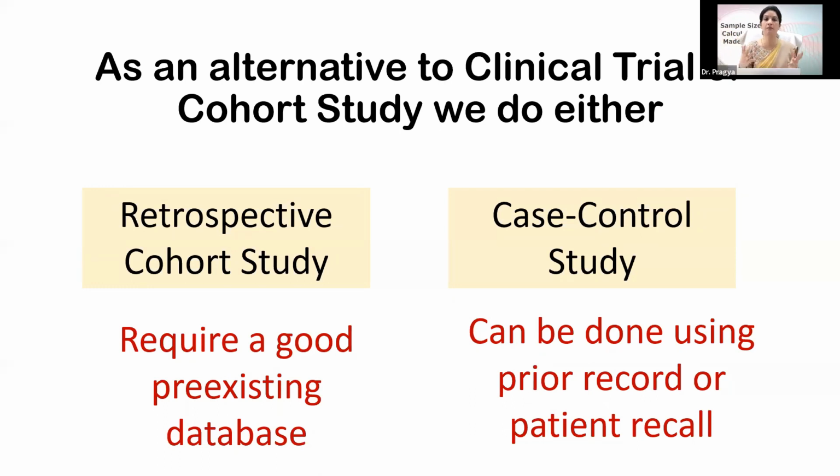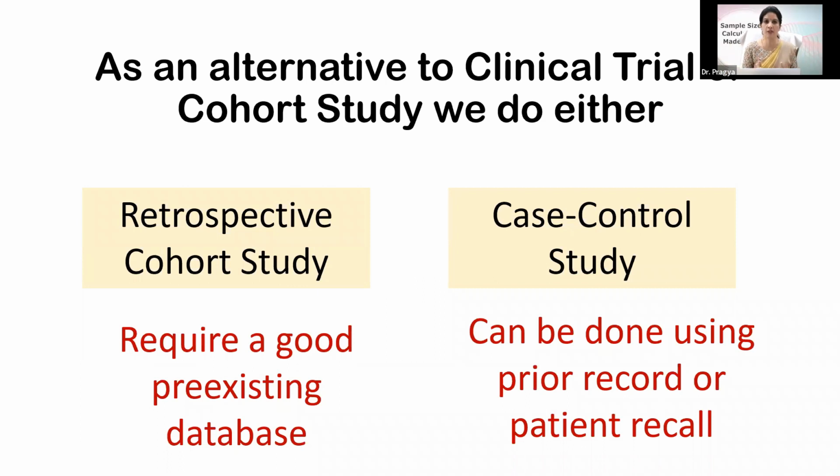You can have more than one type of control also, like a hospital control, and another, a community based control, because we know that there are limitations of hospital based control. So it is always good to have a community based control to have a true picture of the distribution of exposure in the control.